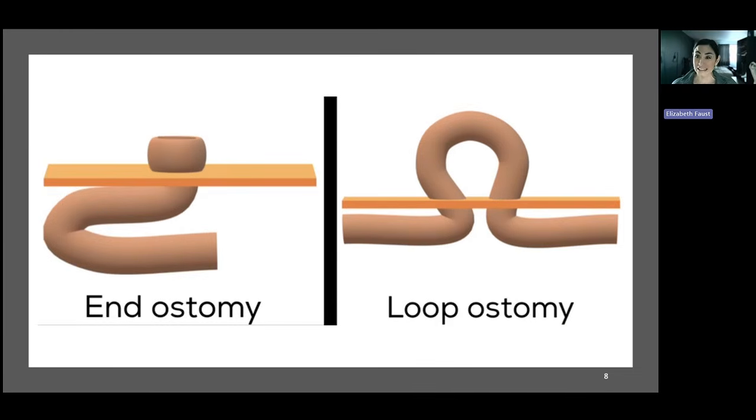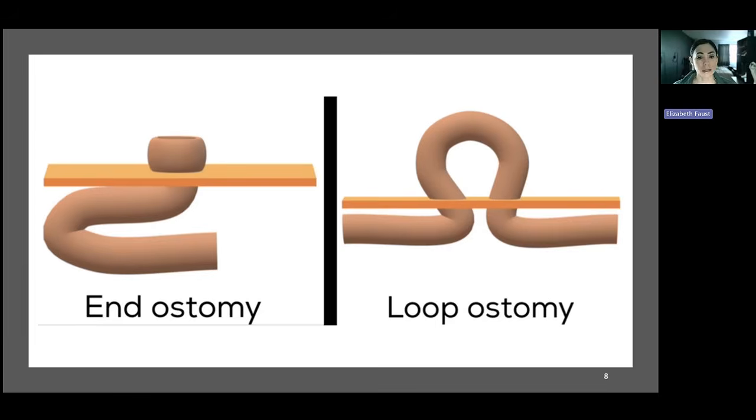Then you have an end ileostomy, where they just bring up one section of that bowel and it's just a single tube. Or you have a loop ostomy, which is pretty common, particularly for temporary ostomies. The loop is when you bring up a whole loop of your bowel and then create an opening in that.